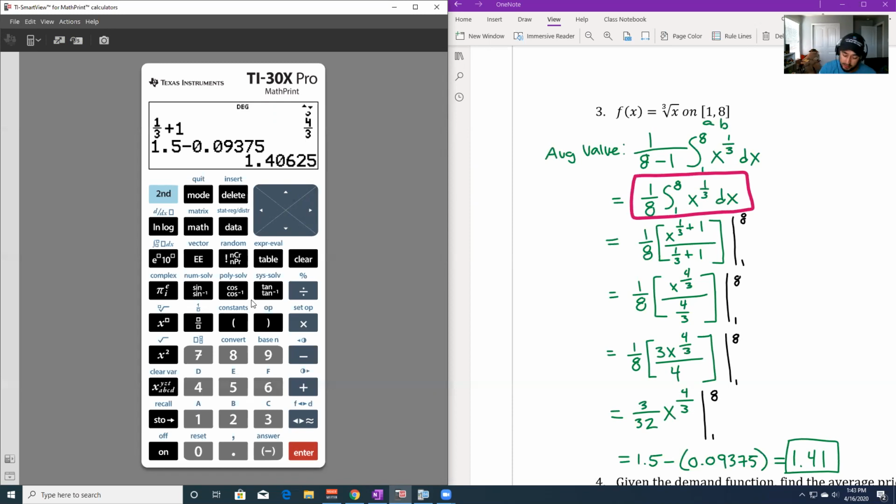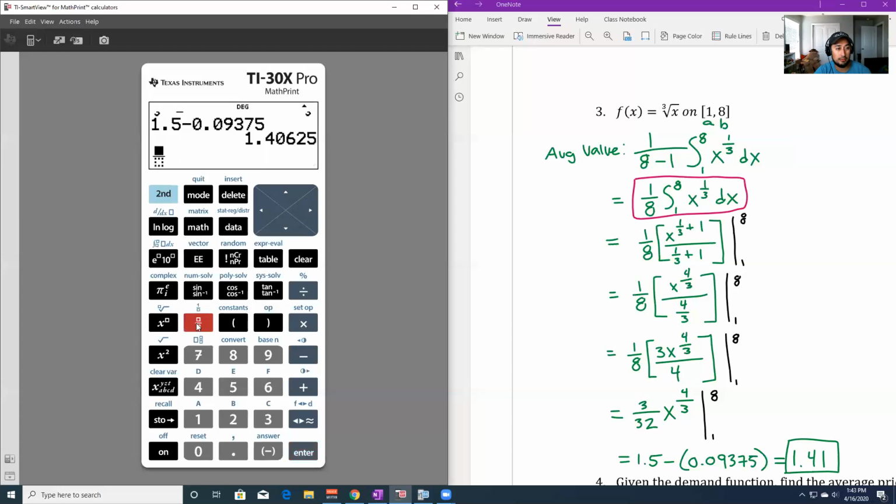Now again, shortcut. You'll type this part in your calculator. Okay, let's try it. Hope we got it right, guys. So, fraction 1/8. Second integral 1 to 8 of the cube root of x.